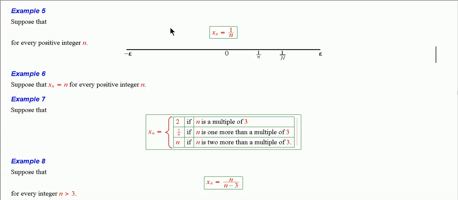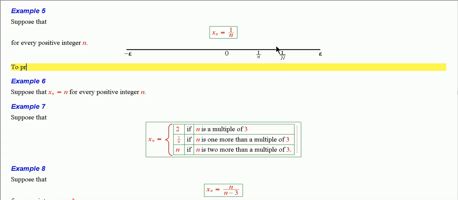We are given that x sub n is 1 over n for every positive integer n. Every kid in Calc 1 knows that this sequence tends to 0, right? We're going to prove it. To prove that this xn approaches the limit 0 as n tends to infinity, what is the definition?